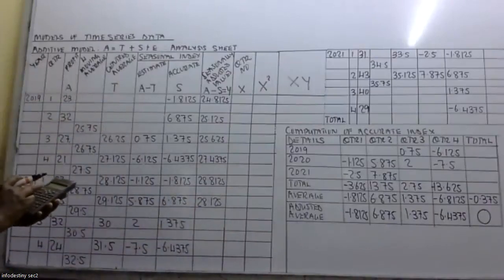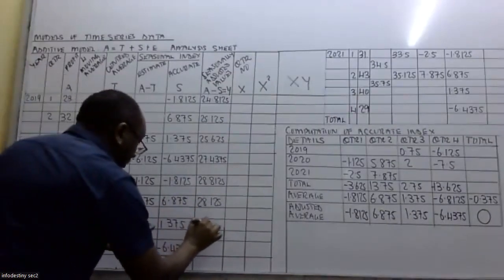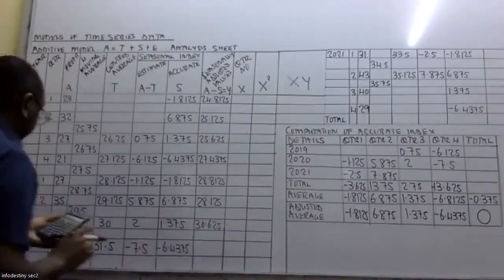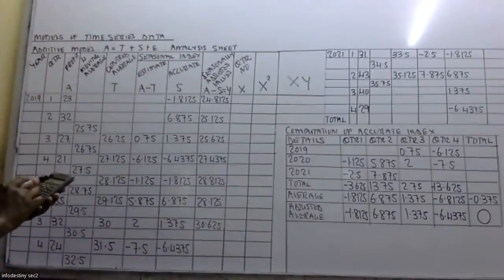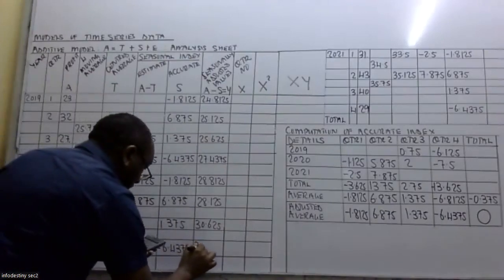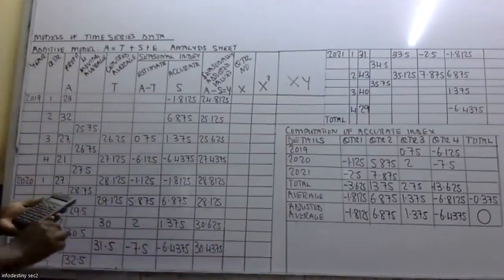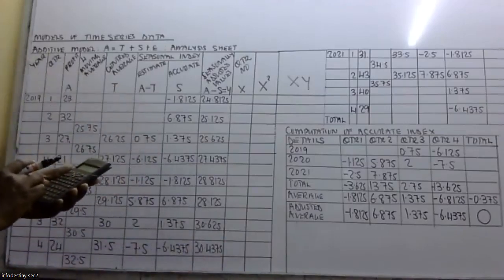That's 2 minus 1.375, which is 30.625. 24 minus 6.4375 is 30.4375.